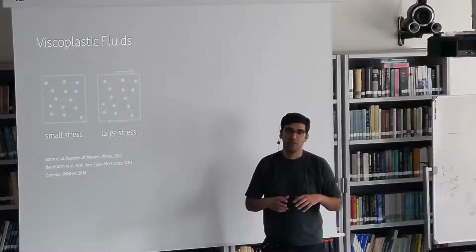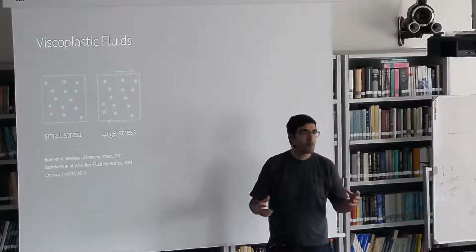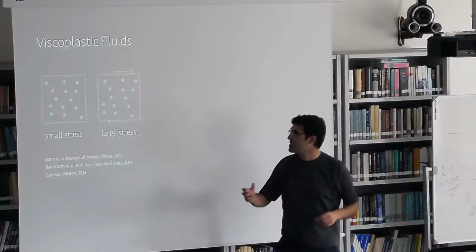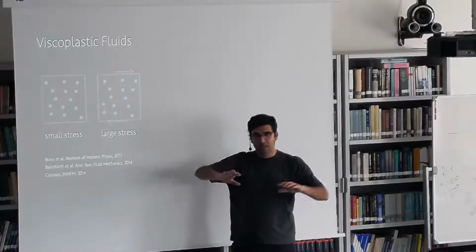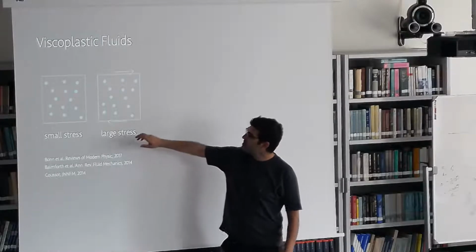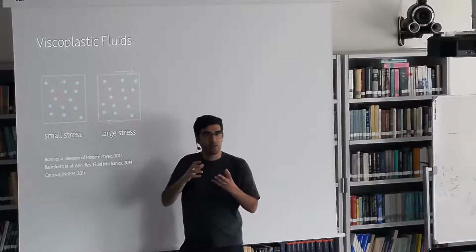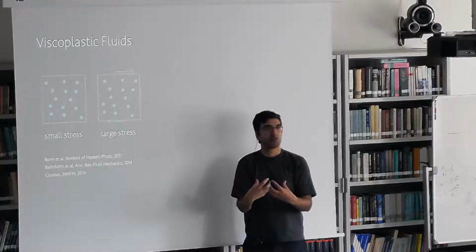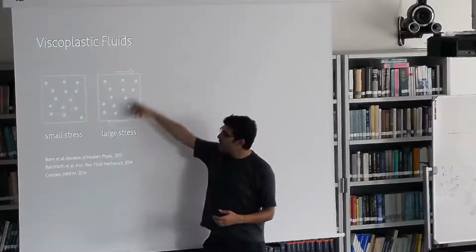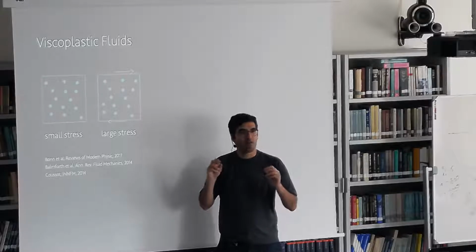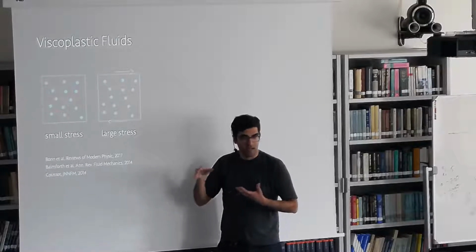They can be Brownian or non-Brownian suspensions, or foams, or even emulsions. That doesn't matter because I'm going to look at the continuum mechanics, but they have something at smaller scales that forms a network, and if you don't put stress on them, they hold. But if you put shear on them and this shear is above a critical stress, you're going to, naively speaking, break this network and let it flow.